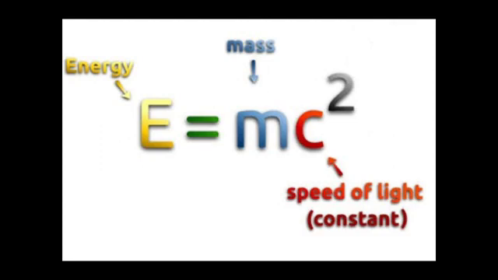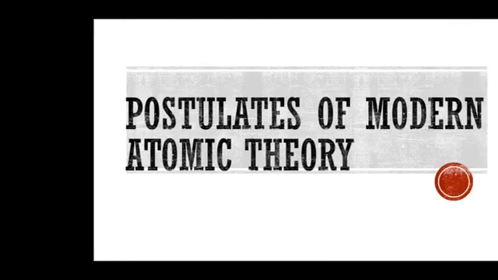If we reverse Einstein's equation, we will get m equals E by c squared. Hence, a small amount of mass can be converted into an enormous amount of energy.